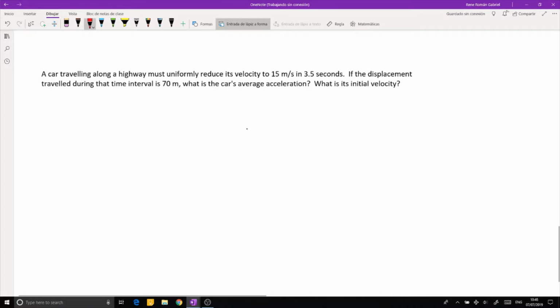First they say it reduces its velocity to 15 meters per second. So that would be V, which equals 15. Then we have T, they tell us it's 3.5. If the displacement during the interval is 70, then S equals 70.